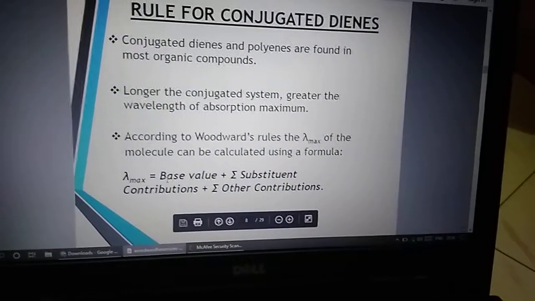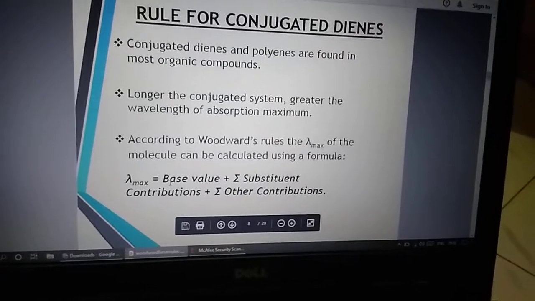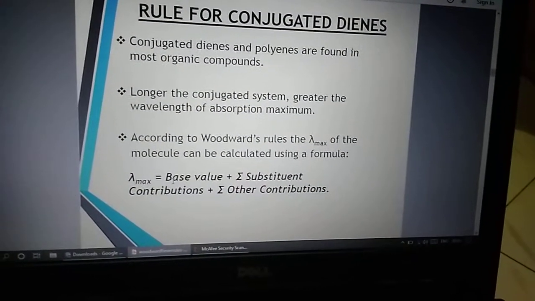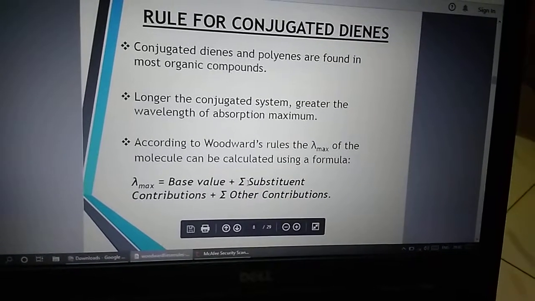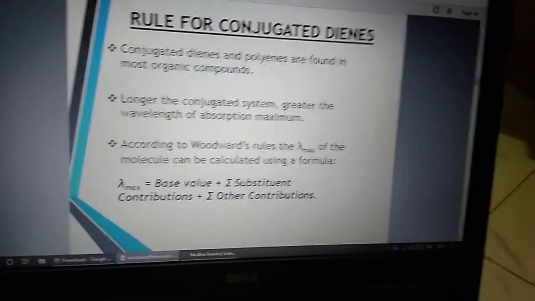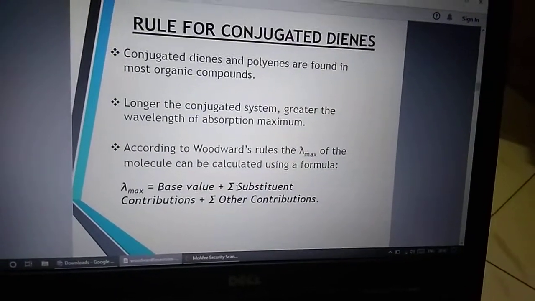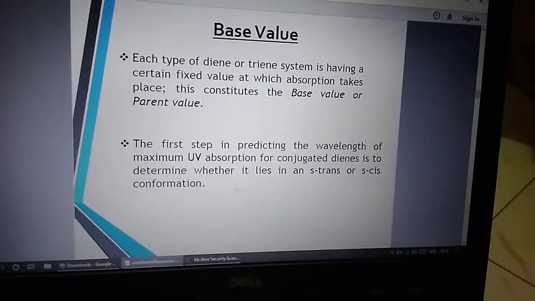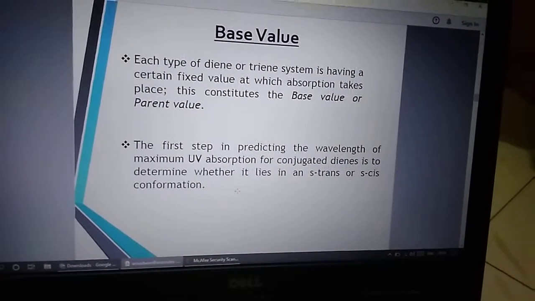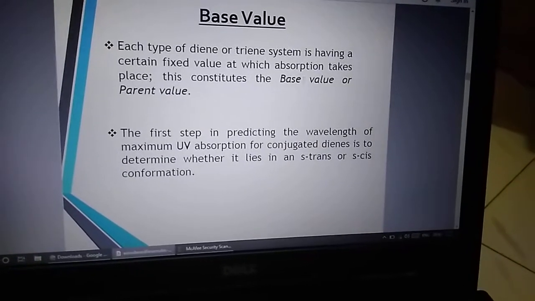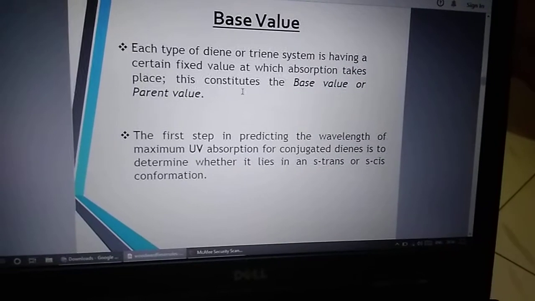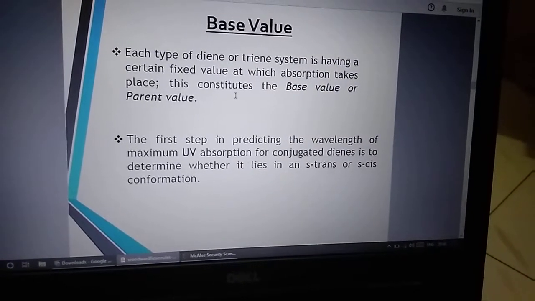The base value is a fixed value for a diene or triene at which the absorption takes place, and along with the parent compound, several substituents are present and contribute. For each type of diene and triene system there is a certain fixed value at which absorption takes place, and that value is called the base value or parent value.